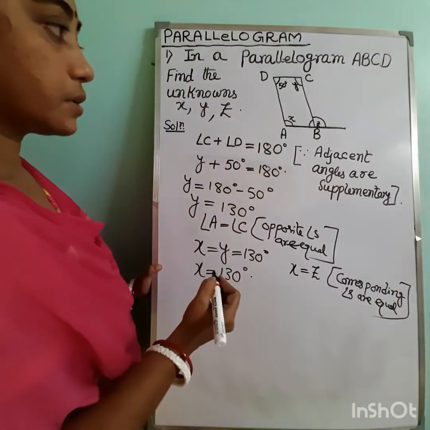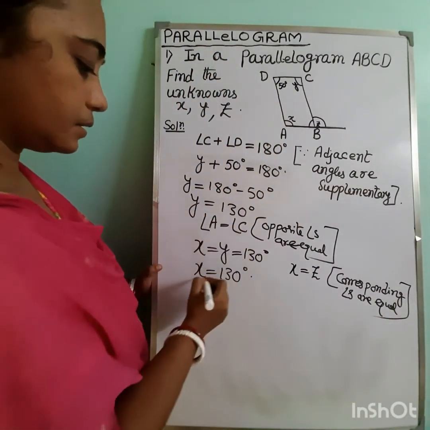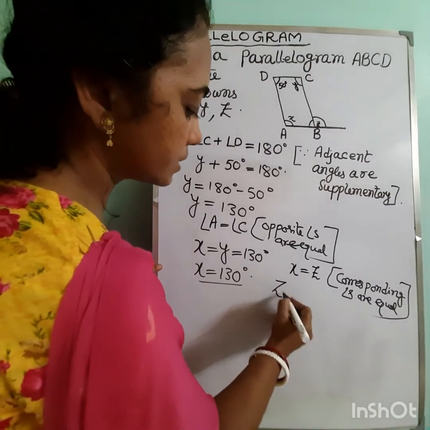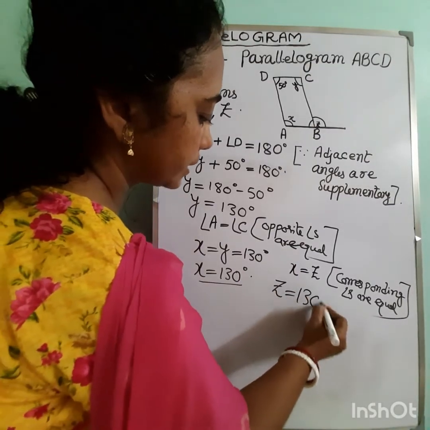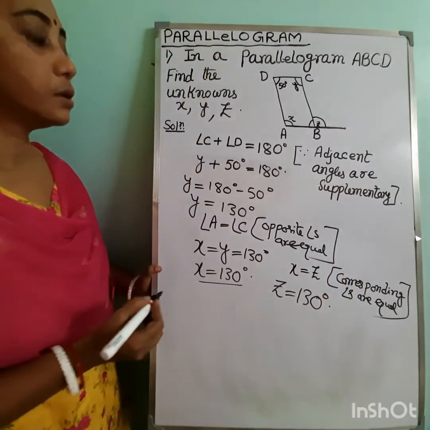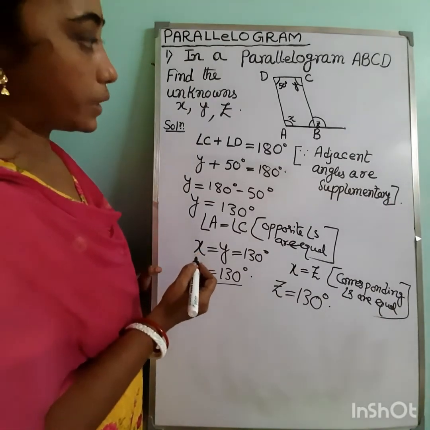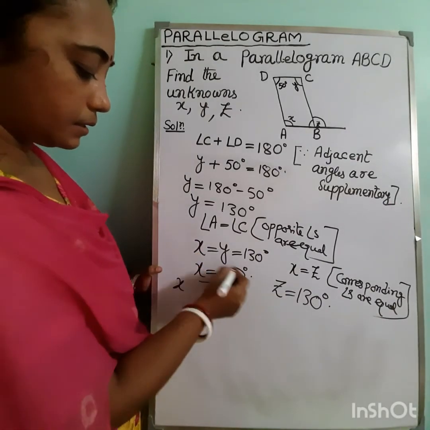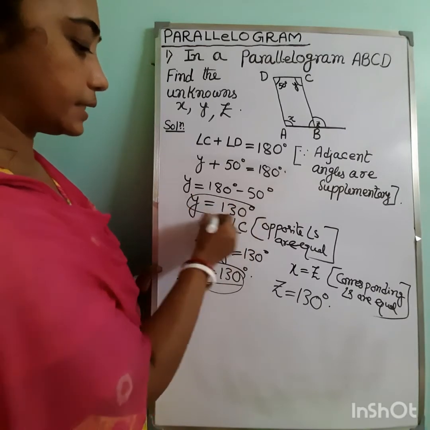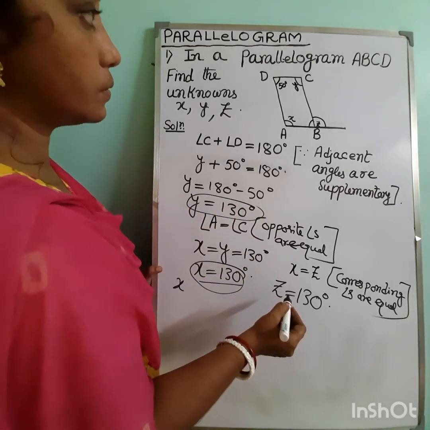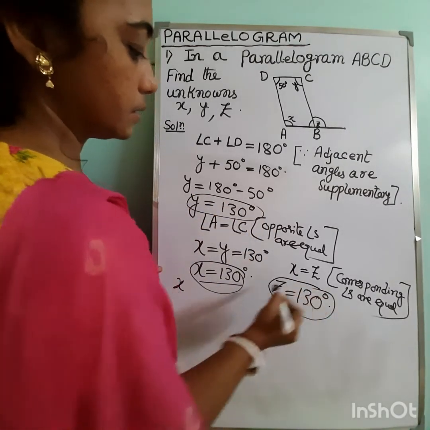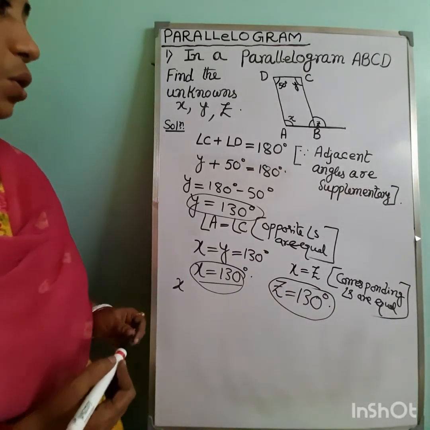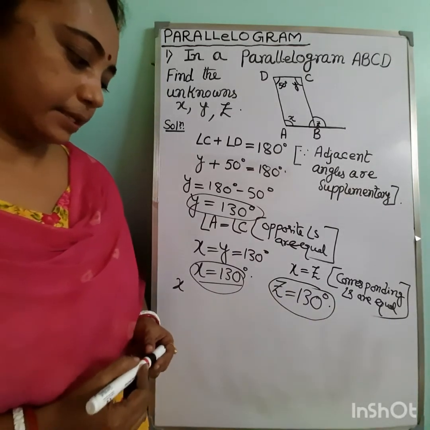So what is the value of x here? X is 130 degrees. So therefore z is also equal to 130 degrees. So here we got the value of x as 130 degrees, y as 130 degrees, and z is also 130 degrees. So the value of x, y, z all are 130 degrees.